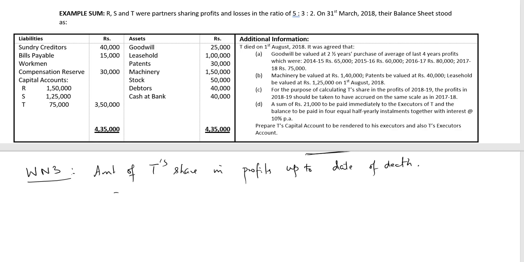So that amount is rupees 75,000 multiplied by number of months lived by partner T, which is 4 months from 1st April to 1st August, and multiplied by his share in profits, which is 2 by 10.